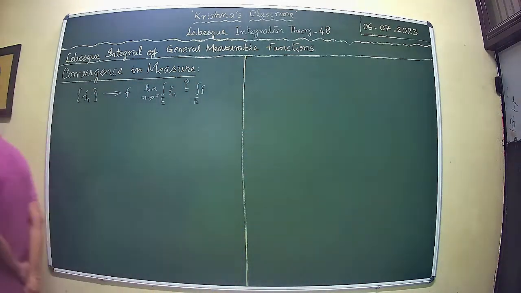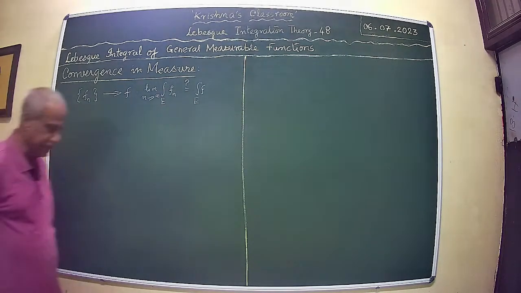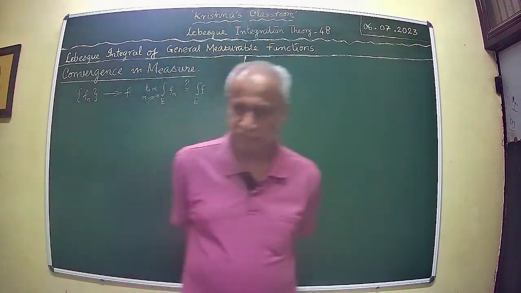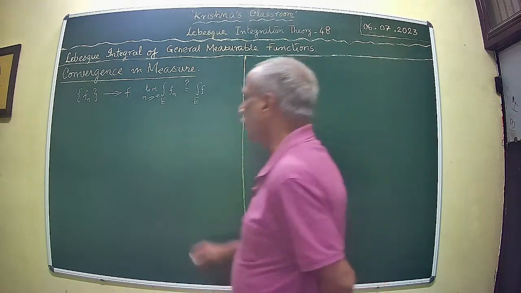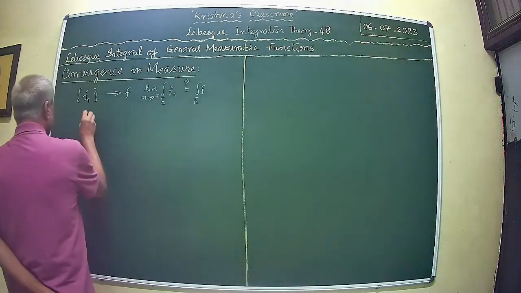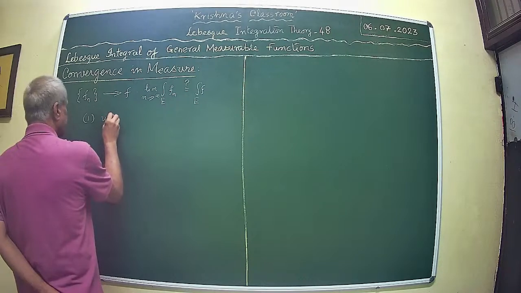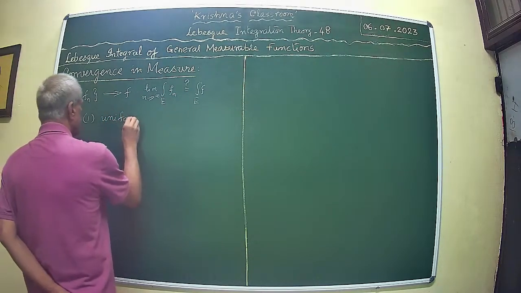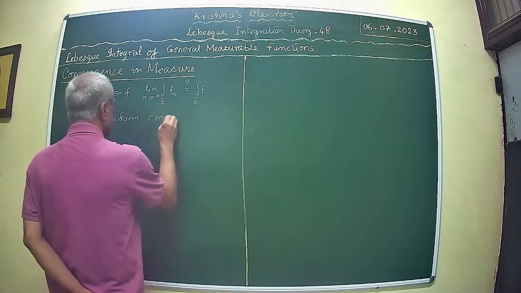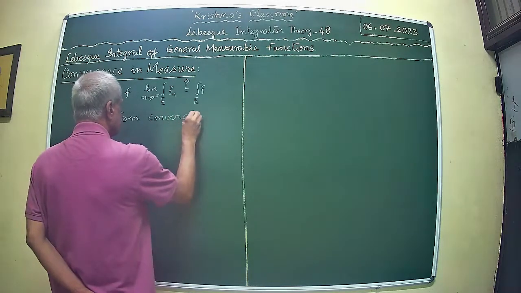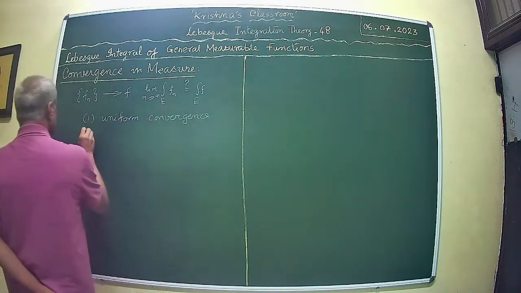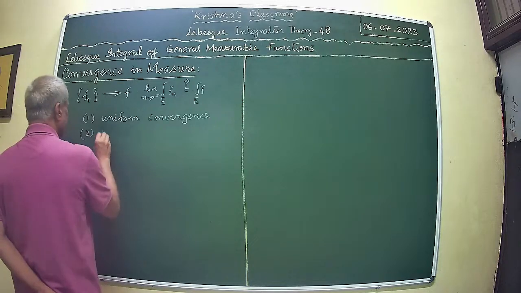Now, what sort of convergence have we already handled? We have looked at the following types of convergence. One, uniform convergence. Two, point-wise convergence.